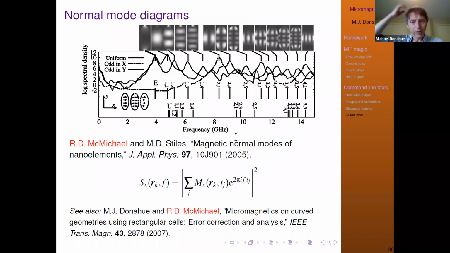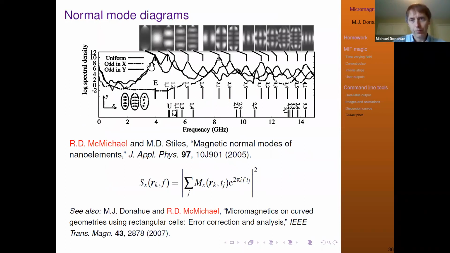One last thing I wanted to touch on is another type of visualization that was pioneered by Bob McMichael in this paper that he wrote with Mark Stiles in 2005.